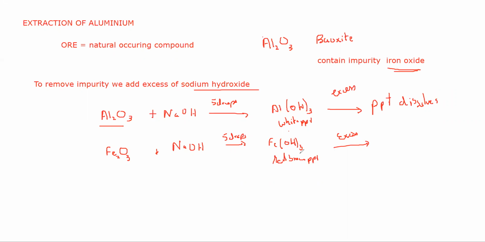What about iron 3 hydroxide when we add an excess of sodium hydroxide? The precipitate does not dissolve, PPT insoluble. So to remove the impurity, we add excess sodium hydroxide. The iron hydroxide will be solid and the aluminium compound will be aqueous, dissolved. How can I separate aluminium hydroxide from iron 3 hydroxide? We will filter.